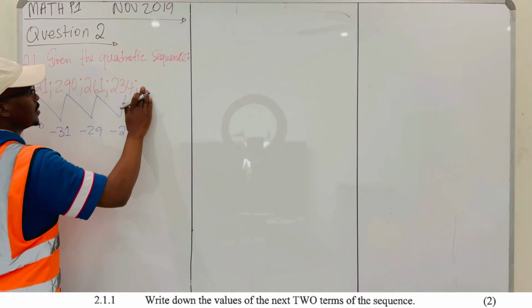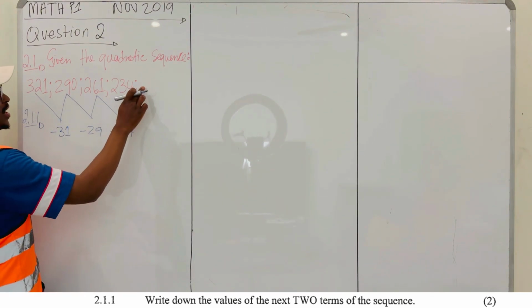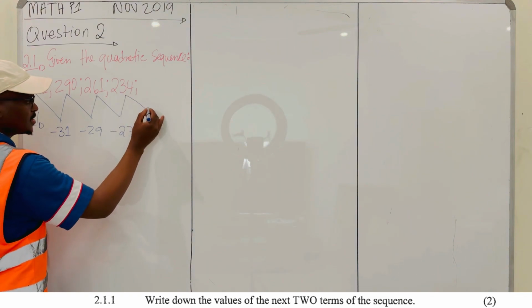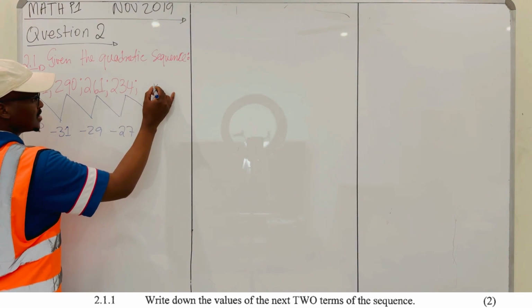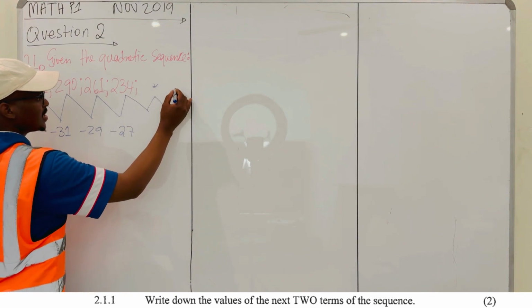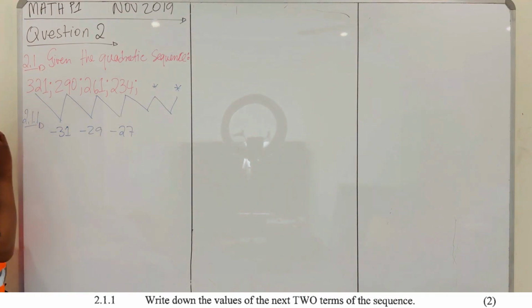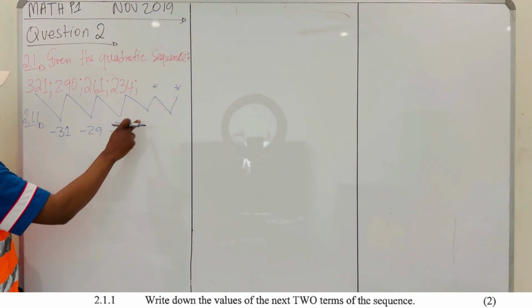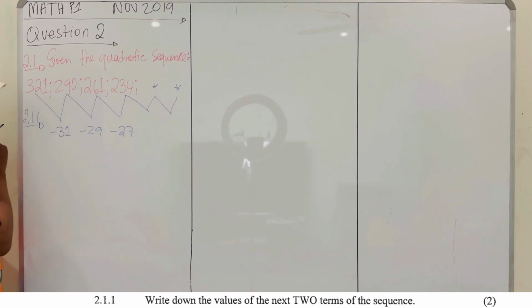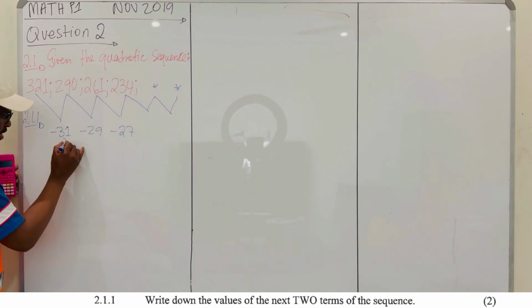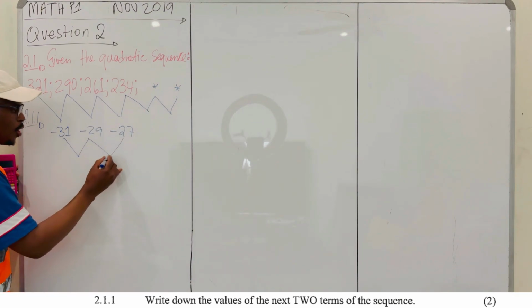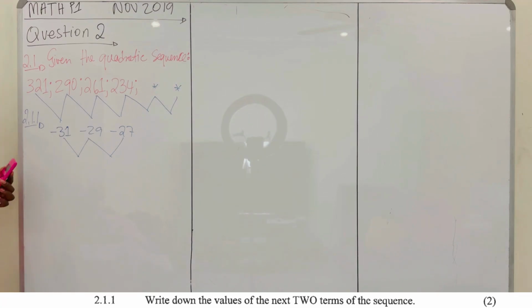Fine. Then, if we want the next terms, we need to continue, right? So that we can find the number that is sitting here and the number that is sitting over there. But in order to do that, you need to understand what this number is and what this number is. So let's find the second common difference of the quadratic sequence, because a quadratic sequence has a second common difference.